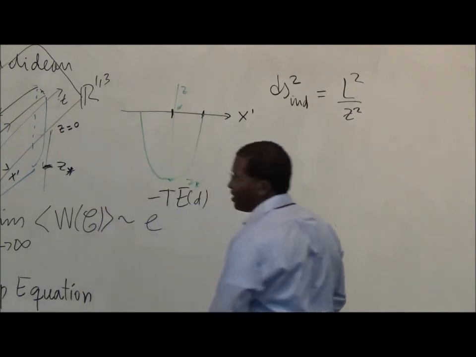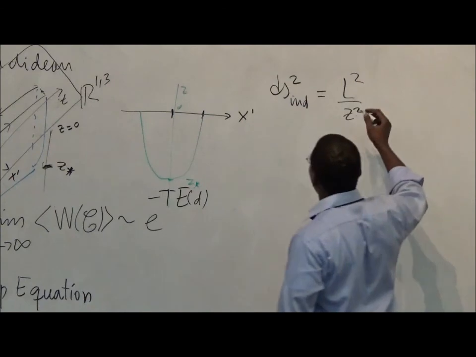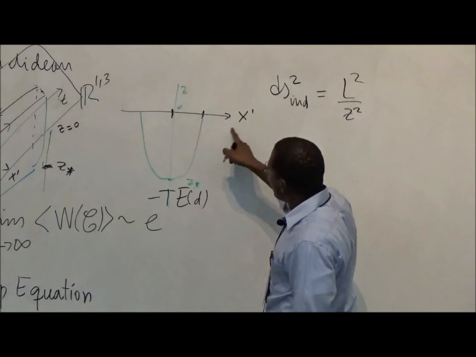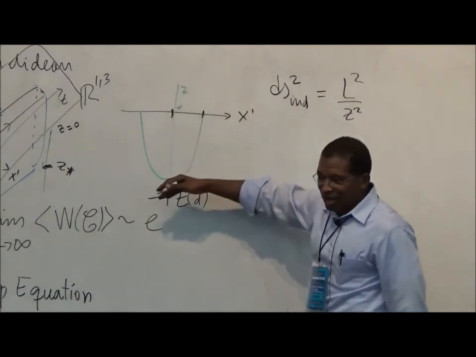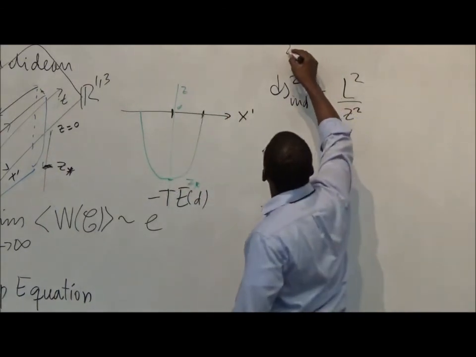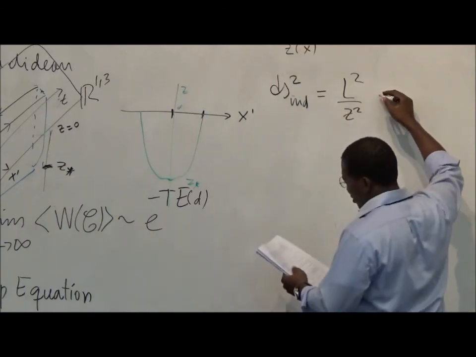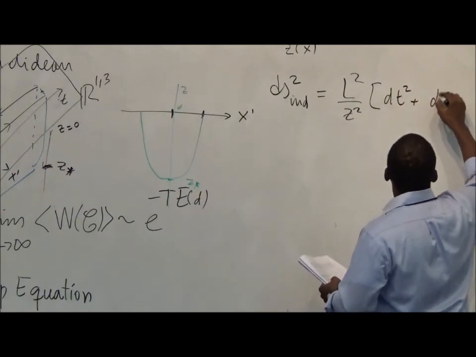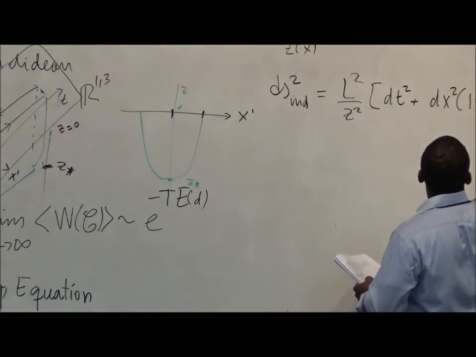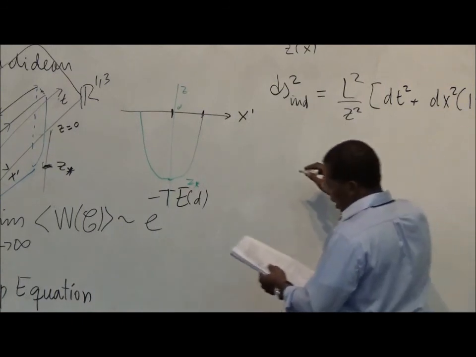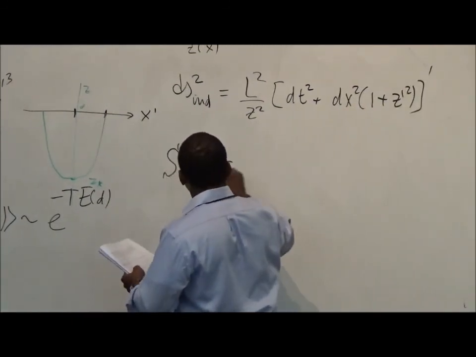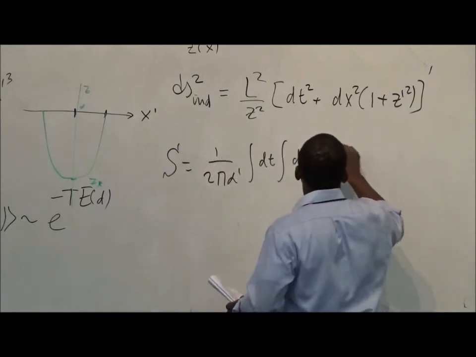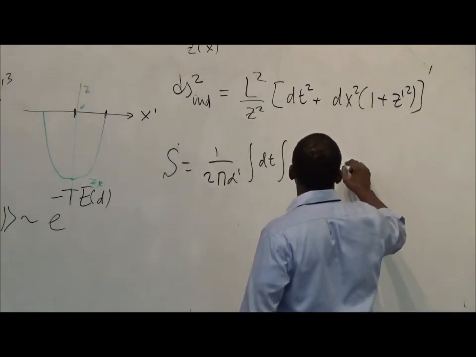So you know the metric of AdS. All I'm going to say is that z will now depend on x. That will give me this profile. So when I plug that in here, my induced metric is dt squared plus dx squared times 1 plus z prime squared. Now I want to construct the action that I have to minimize: 1 over 2 pi alpha prime, dt dx, square root of this induced metric.